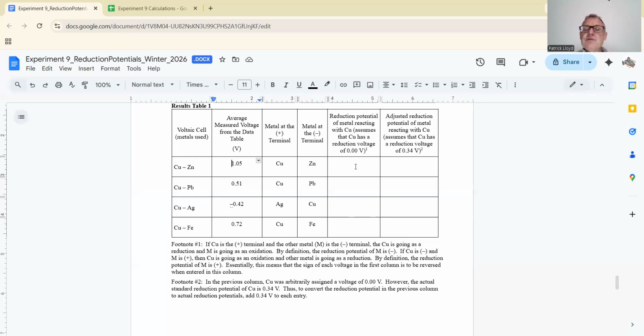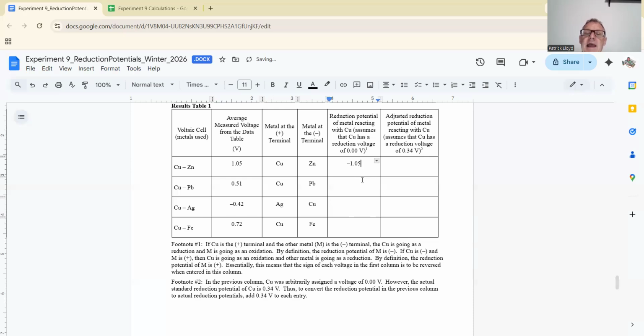So 1.05 is equal to the difference between these two. In this column, we're letting copper be 0. So really we're saying 1.05 is 0 minus zinc. If you write that down on a piece of paper, 1.05 equals 0 minus zinc, and solve for zinc, you should do that so you can see how the arithmetic works out. You'll find that zinc is just negative 1.05.